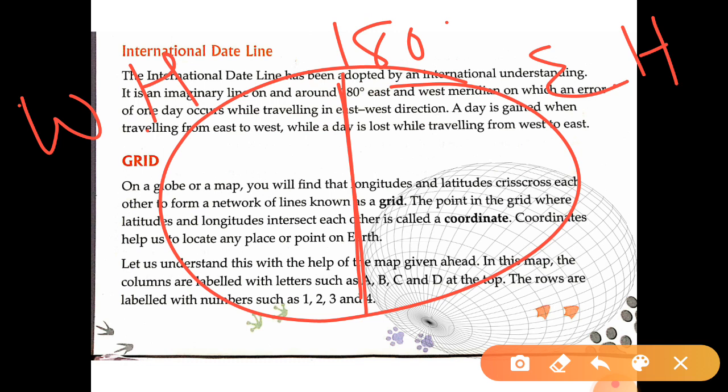While traveling in the east-west direction, a day is lost when traveling from east to west, from this direction to this. While people cross this line, they lose a day. While they are traveling from west to east, they gain a day.